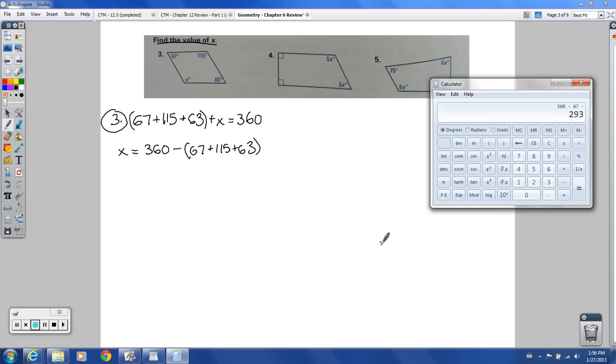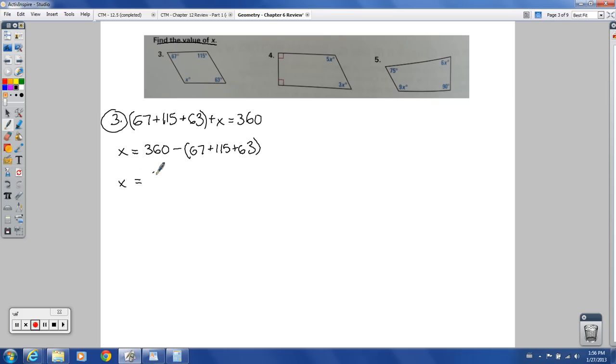I'm also subtracting 115. I'm also subtracting 63 from 360. So that would be 115 overall. If you wanted to do 67 plus 115 plus 63 first, and then subtract that from 360, that's okay too. And so any way you do it though, you should get x is 115.